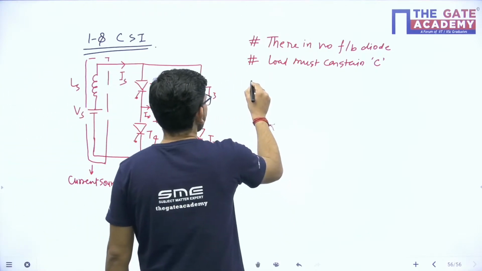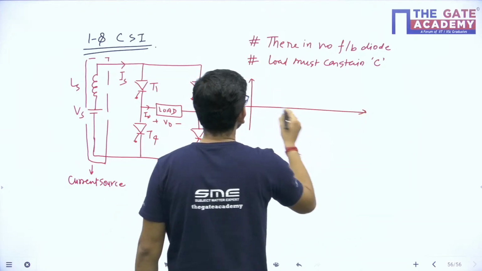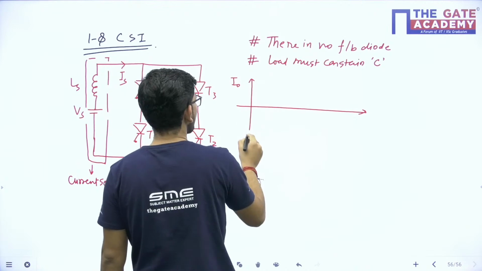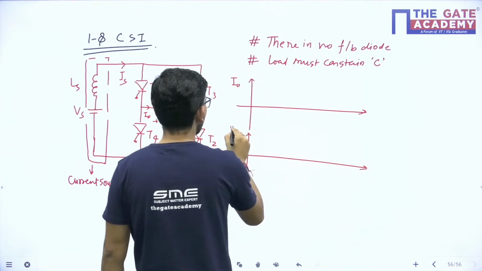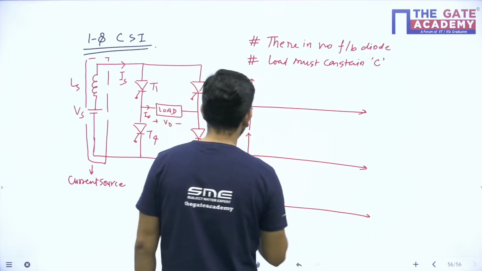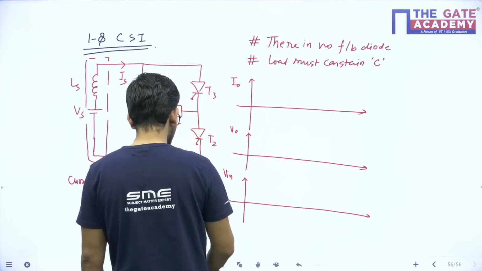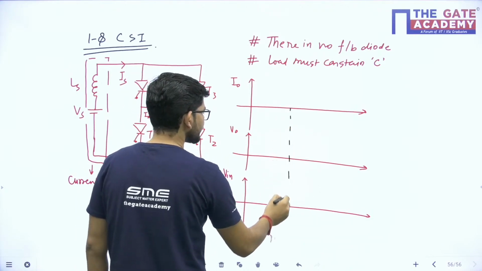Now see how the voltage waveform and current waveform will vary. Suppose this is the I naught waveform, then we have the V naught waveform, and then the V input waveform. Let's see how these are varying.